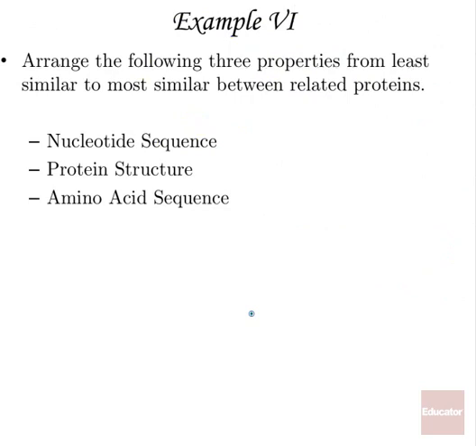So for our final slide, we're going to talk about just a quick example. And I want you to arrange the following 3 properties from least similar to most similar between related proteins. So what I'm asking you is, between 2 proteins that are related, what is the most likely sequence that's going to be similar between any 2 proteins? Right. So remember, we're looking at the 3D structure of a protein, right?